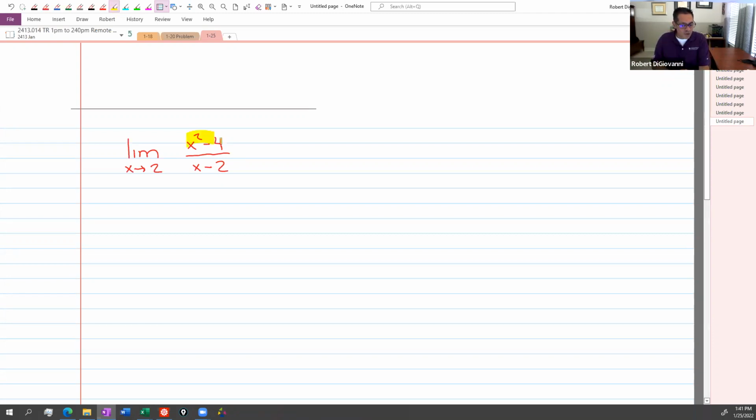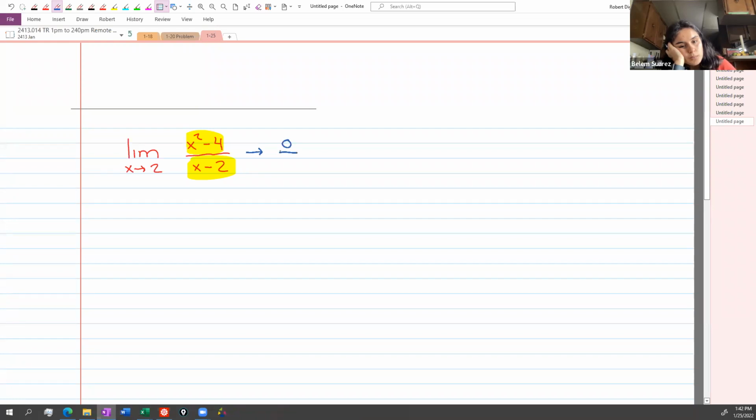Now, individually, can you plug the 2 into the numerator? It's a polynomial, so just plug in 2, you get an answer. The denominator is also a polynomial. You could plug 2 in, you get an answer, big deal. Well, the problem is that when you try the direct substitution in the numerator, what do you get? 0.